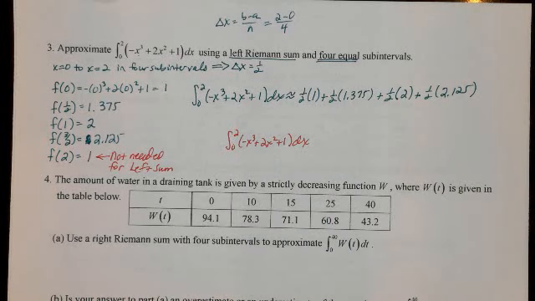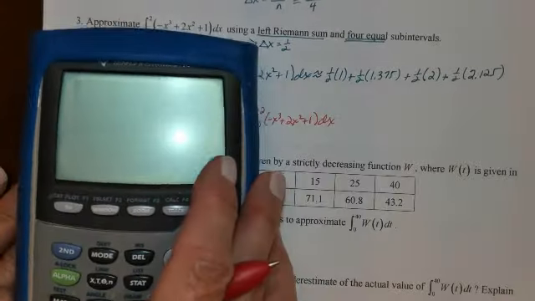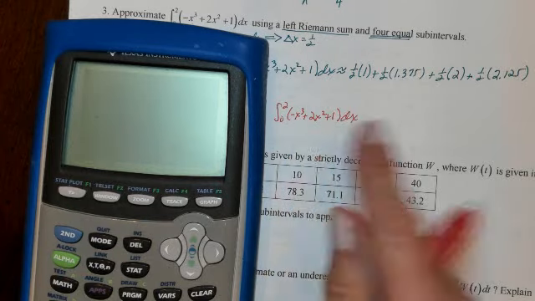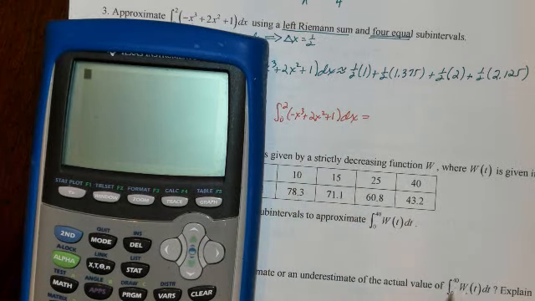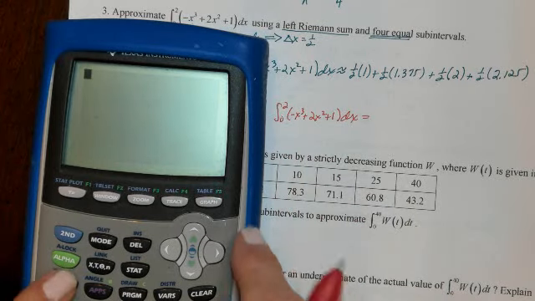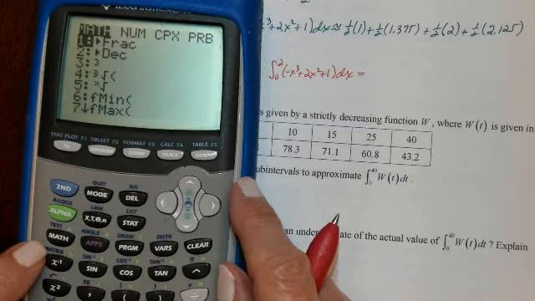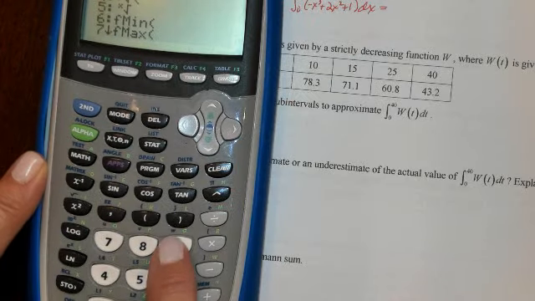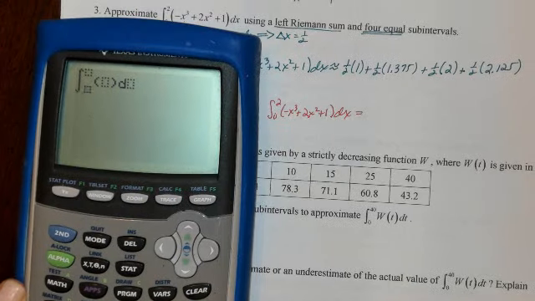If I punch this into my calculator, I want to find the actual area. Okay? Do math, down here math, and then it's down at number 9, so I'm just going to push the number 9 here, and that gives me this.